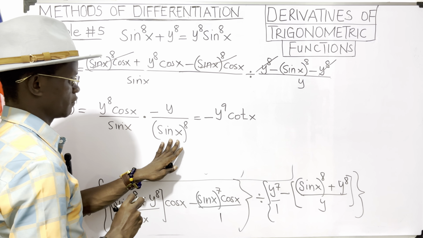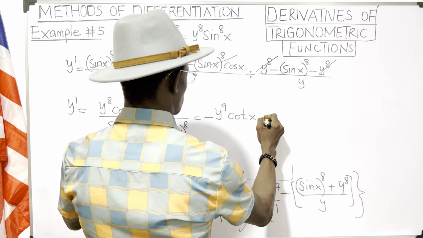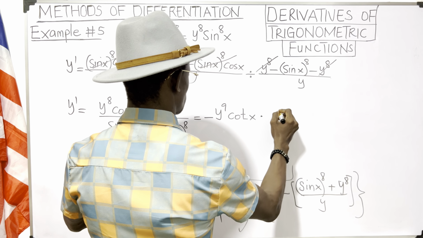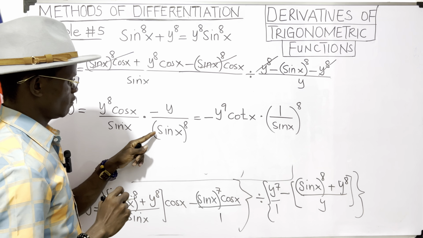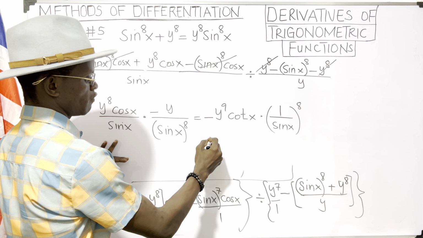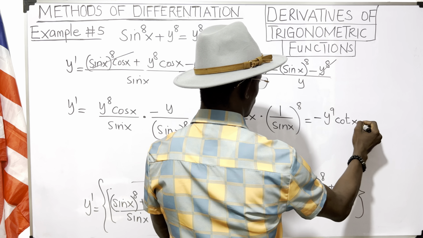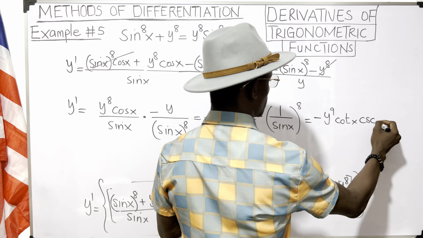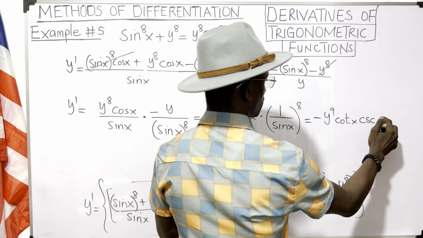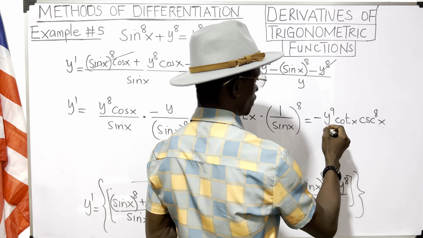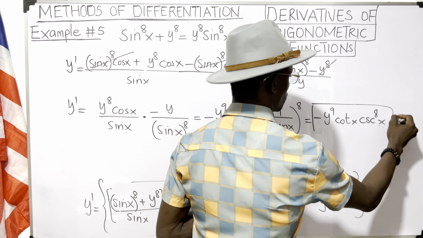Now right here you have times 1 over sine of x all raised to the 8th power, because even if we say 1 raised to the 8th power is the same as 1, so it's just the same. So 1 over sine is cosecant of x. So cosecant of x raised to the 8th power. This is our final answer.